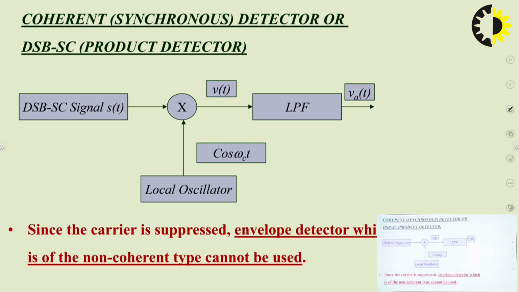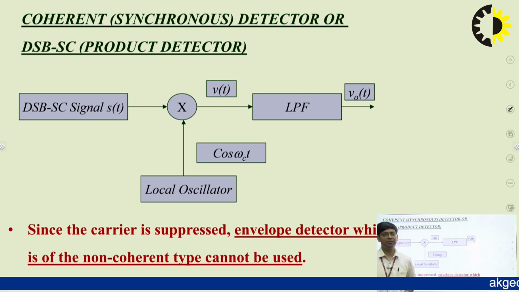In the case of the double sideband suppressed carrier technique, the carrier is not present at the receiver end, because from the transmitter end we have not sent the carrier.